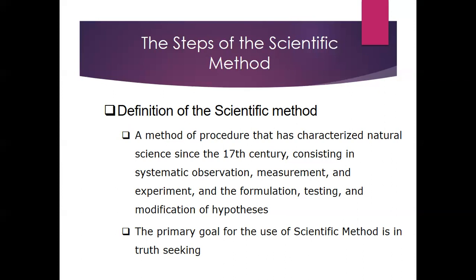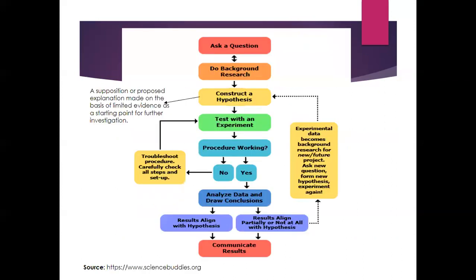So the primary goal of the use of the scientific method is to seek truth. All right, so just bear in mind that's what the goal is. However, as we will see, the scientific method is not perfect. As just about anything, nothing is perfect.